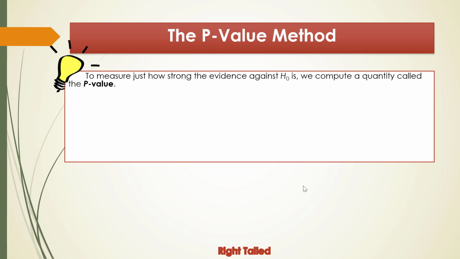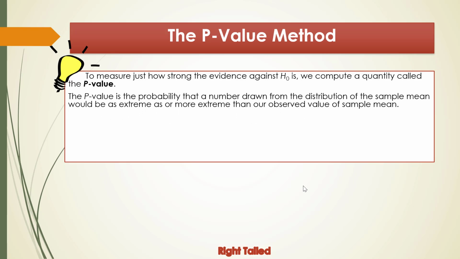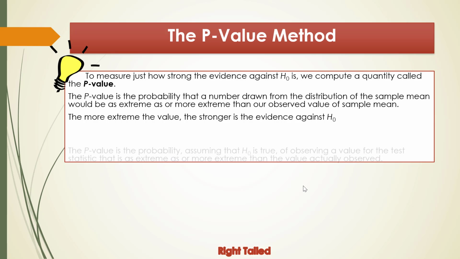Now we look at the p-value method. The p-value method measures just how strong the evidence against the null hypothesis is. We compute a quantity called the p-value. The p-value is the probability that a number drawn from the distribution of the sample mean will be as extreme as or more extreme than our observed value of the sample mean.